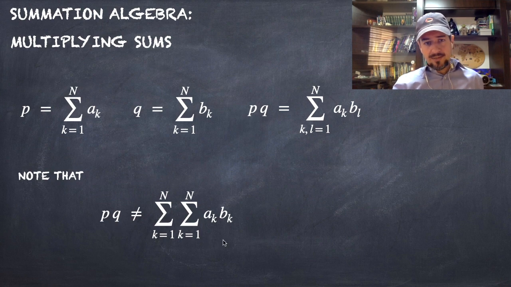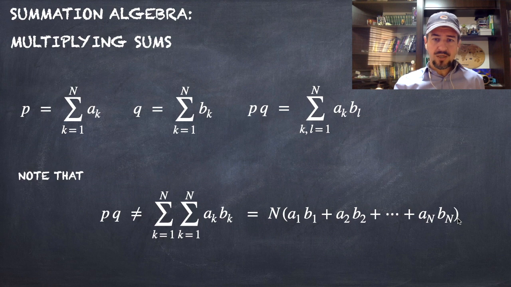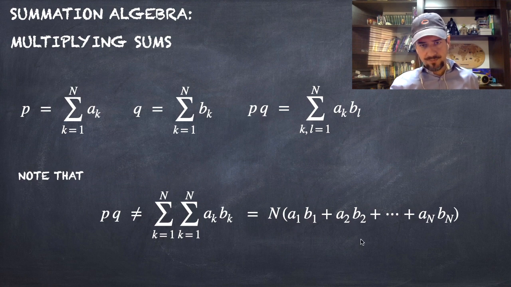And this wrong result here is actually equal to this result, not the one that we would like, not equal to the correct one. You don't see the cross terms that I was talking about.